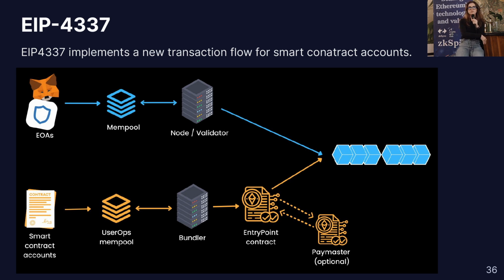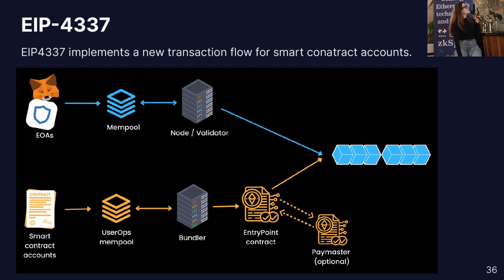Those are the features that account abstraction enables us to do. But when it comes to different implementations, I mentioned that EIP 4337 came from the Ethereum Foundation or core developers, and it introduces a new transaction flow, which has its advantages and also disadvantages.